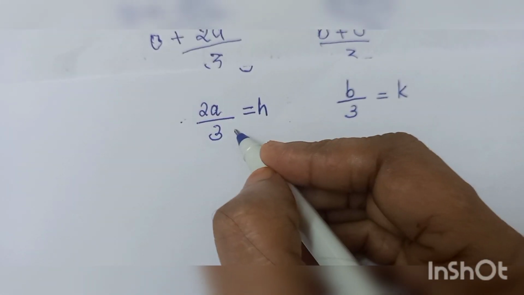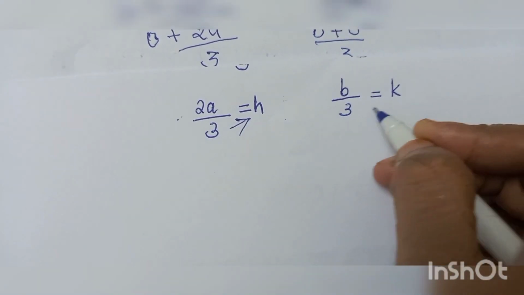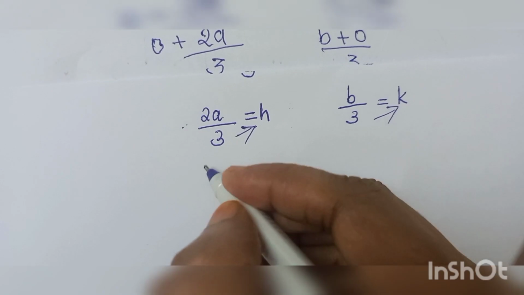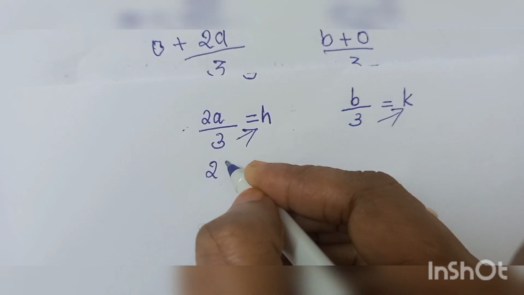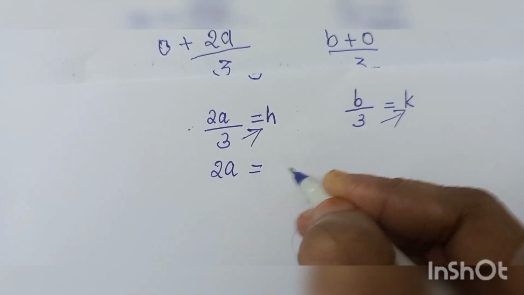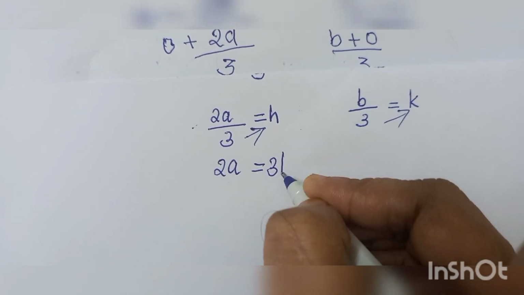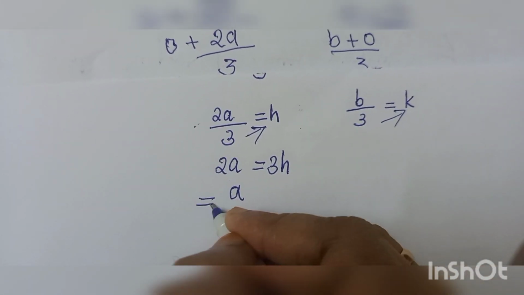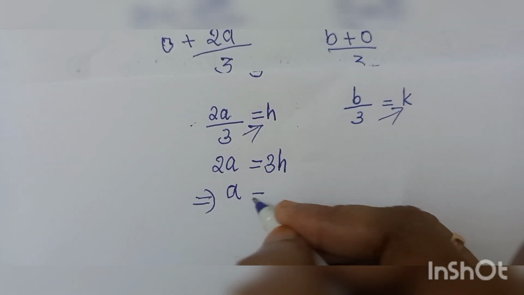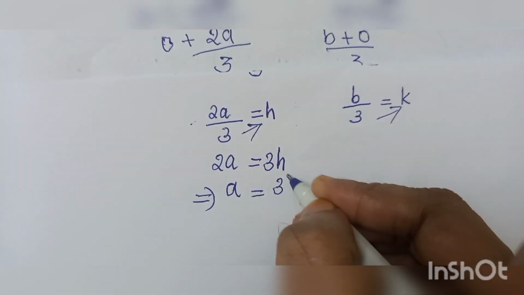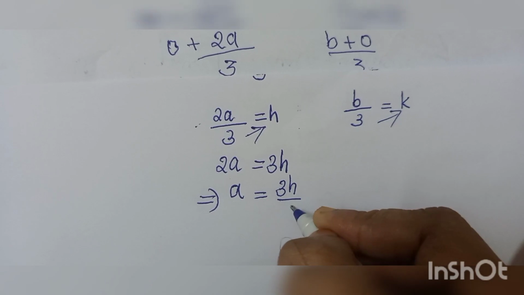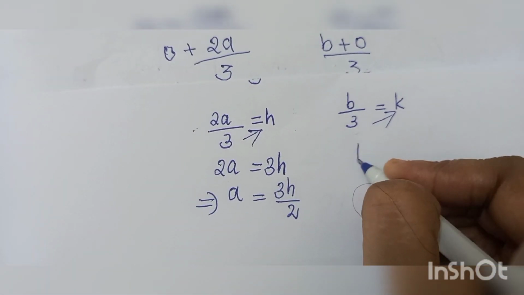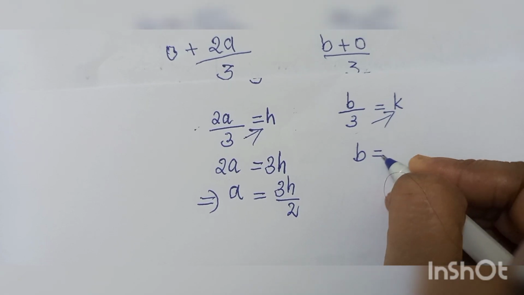Next cross multiply it. So we get 2a is equal to 3h, which implies a equals 3h by 2, and similarly b is equal to 3k.